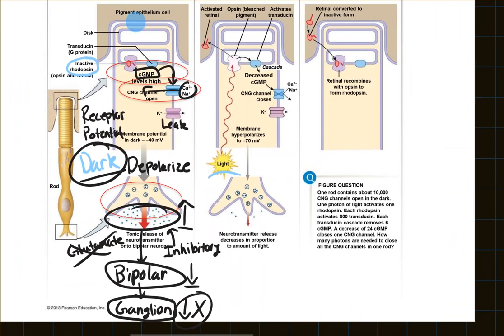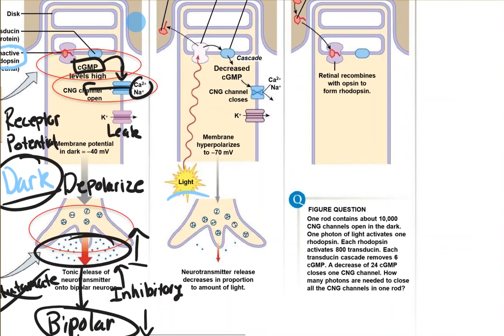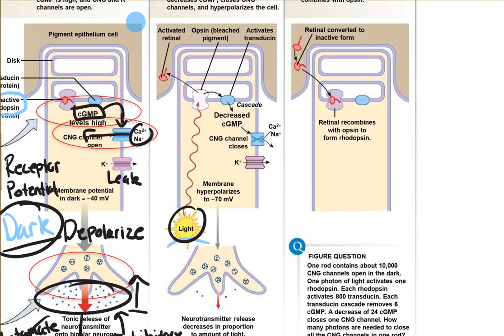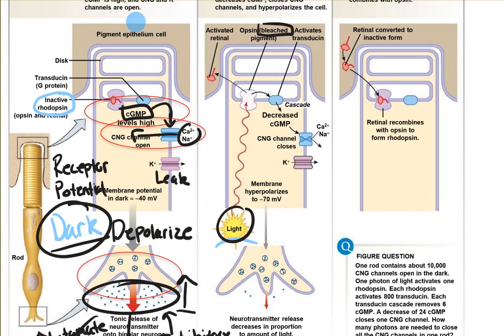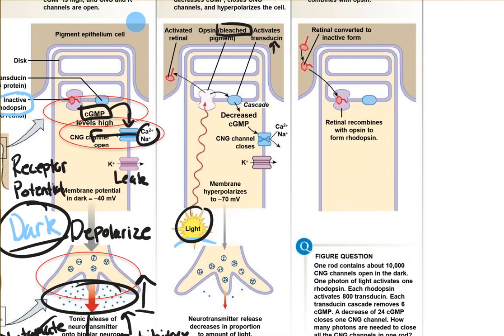All right, now let's use that concept of inhibition to see how we turn light into an action potential. So in the presence of light, it will activate rhodopsin, and that process is called bleaching. And what happens here is when rhodopsin activates transducin, transducin is going to activate an enzyme called phosphodiesterase.